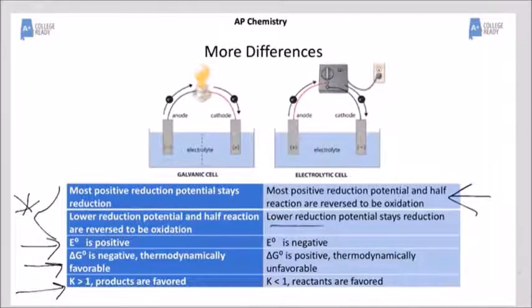The lower reduction potential stays reduction. When you take those two together and add them, you will always get a negative cell potential. Because that cell potential is negative, when you plug it into that delta G formula, you're going to get a positive value. And K is going to be less than 1, because this is a reaction that favors reactants. It's that energy you're adding, forcing a non-favorable reaction to happen.